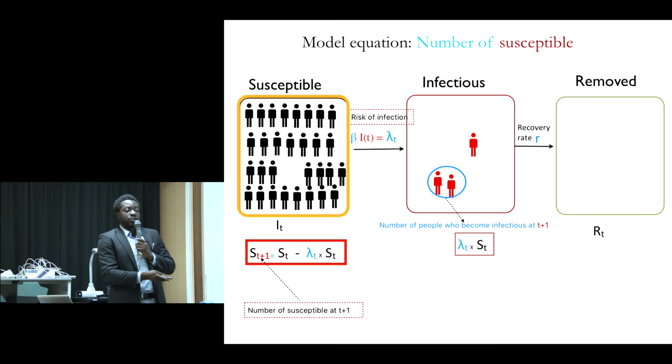So if we want to predict the changes here, the number of susceptible at time plus 1 is the number of susceptible that we have today minus the number of those who went out. It's this one here. By just subtracting this group, we predict the number of those who stay here.